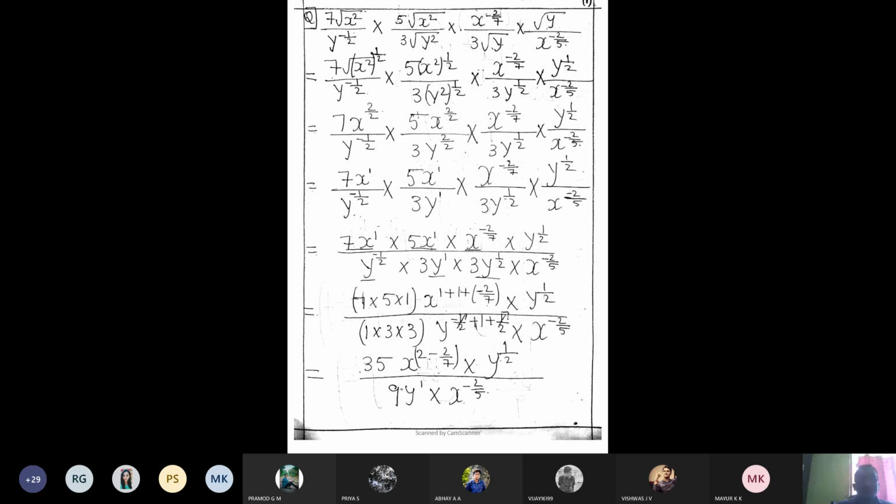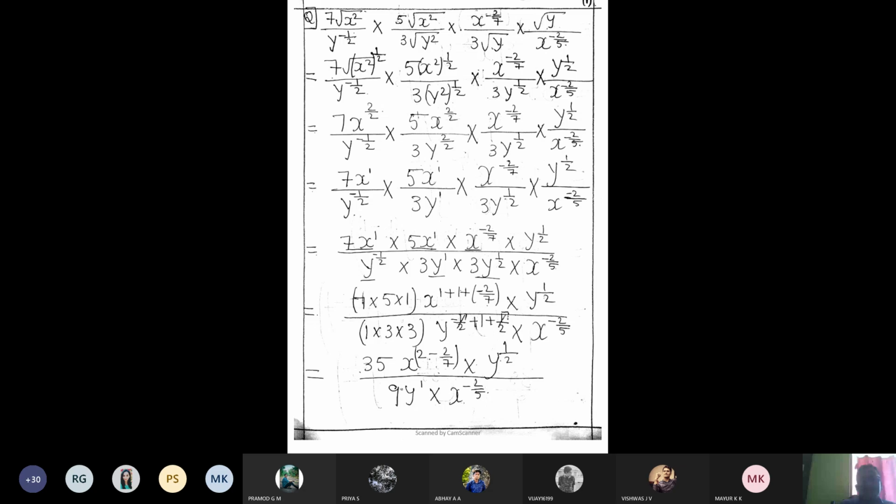7 root of x square divided by y to the power of minus half into 5 into root of x square divided by 3 into root of y square multiplied x raised to the power of minus 2 divided by 7 x raised to the power of minus 2 by 7 divided by 3 into root of y multiplied root of y divided by x raised to the power of minus 2 by 5.